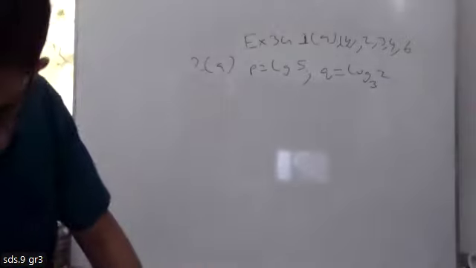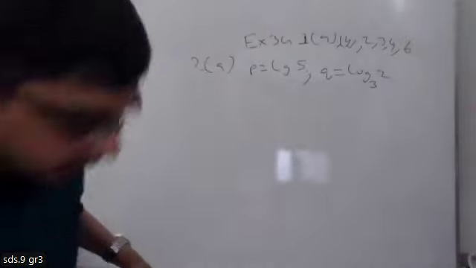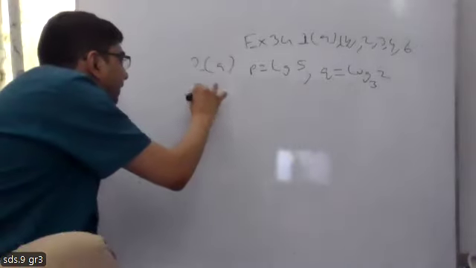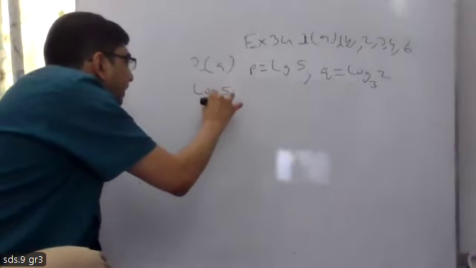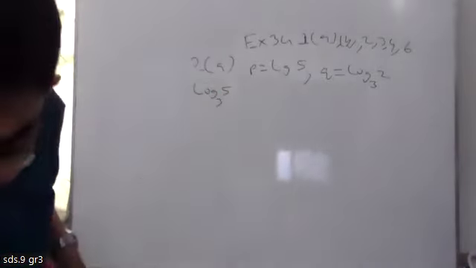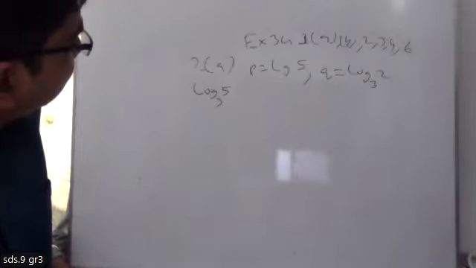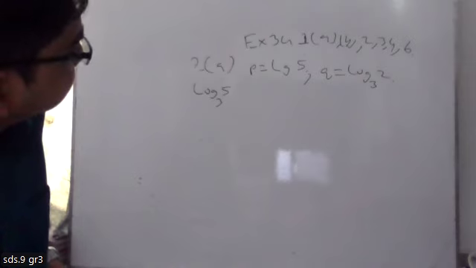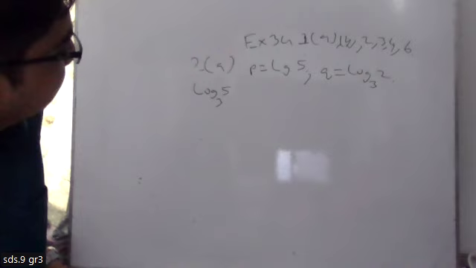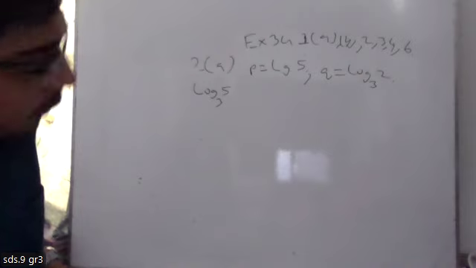Now they're saying express log 5 base 3 in terms of P and Q. Log 5 base 3, you have to express in terms of P and Q. Okay.